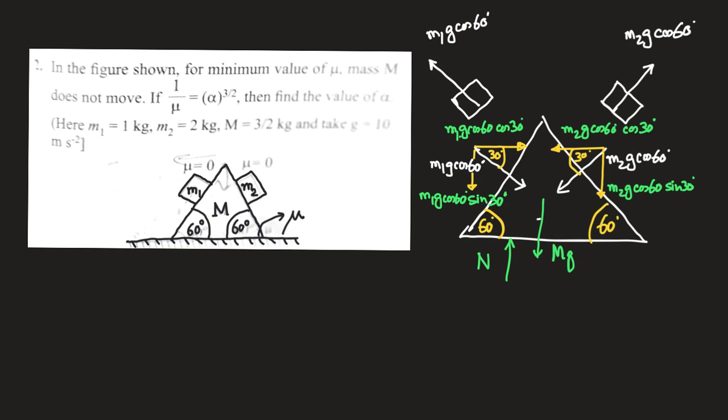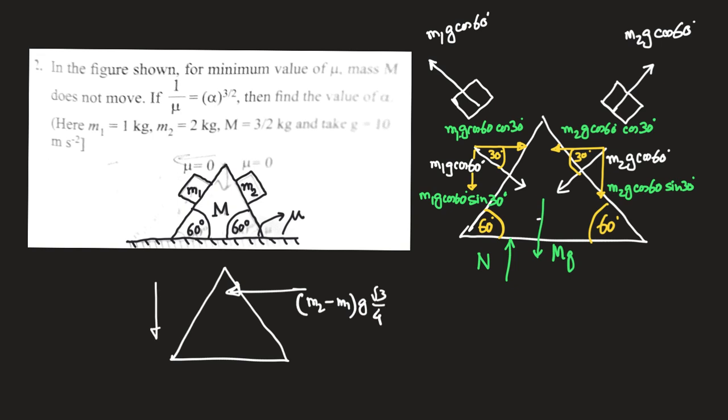So the net force on the wedge, let's calculate it in this way. It is (m2 minus m1) g cos 60 into cos 30. So cos 60 into cos 30 means half into root 3 by 2, so root 3 by 4.